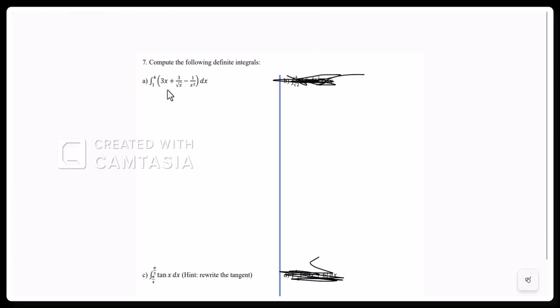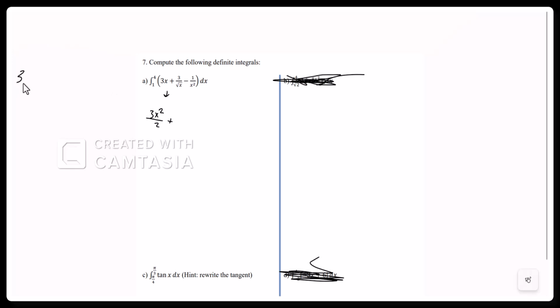What we first want to do is find the antiderivative of these equations here. So 3x, that's going to be 3x squared divided by 2, because when you drop that 2 down, it'll be 6x, and divided by 2 would be 3x. Then we could break this down here.